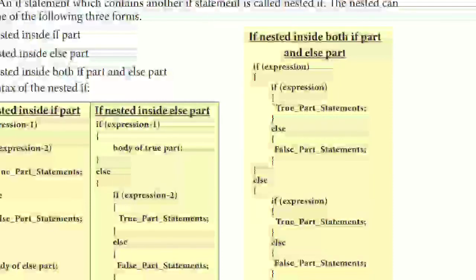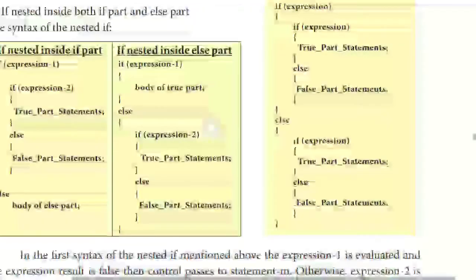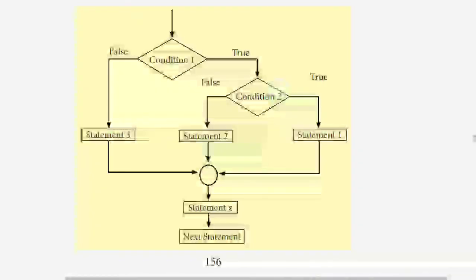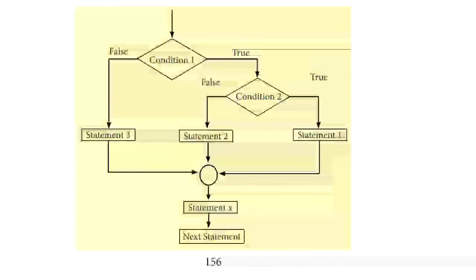This is the block diagram for it. When the compiler checks condition 1 and the condition is true, the true block comes to another condition, which is condition 2. So here you can see that three possible options are executed.